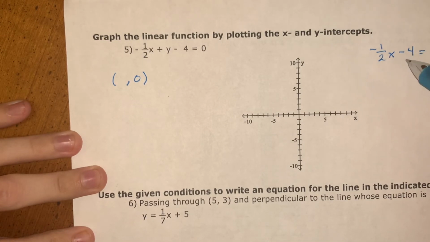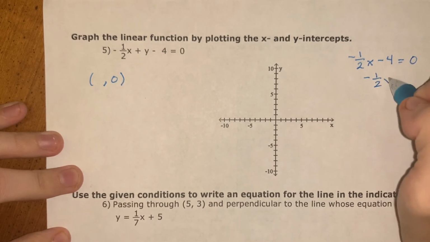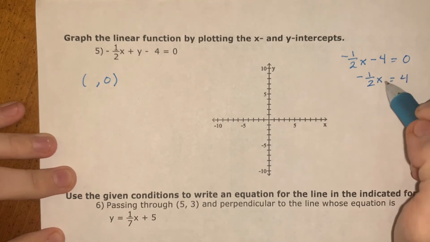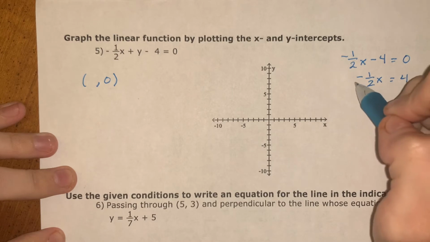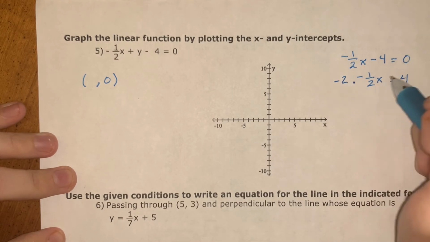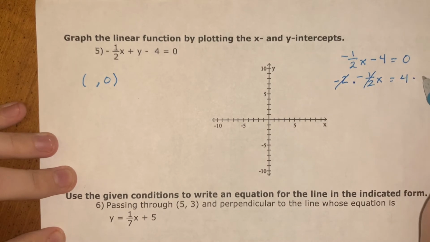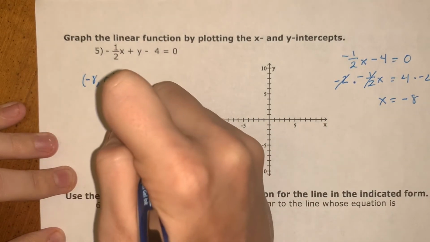So if I solve for x here, I get negative 1/2 x equals 4, right? Move this guy over. And now I'm going to divide by negative 1/2, which is essentially multiplying by negative 2, right? Because it gets rid of everything. So multiplying by negative 2, you get x equals negative 8. So here, my x-intercept is negative 8, 0, okay?